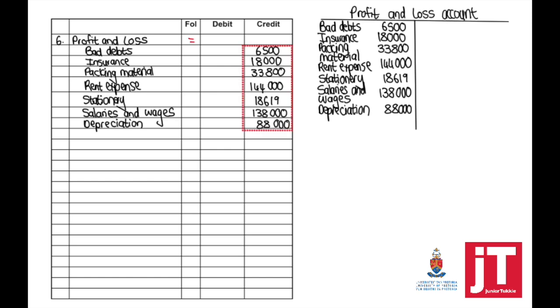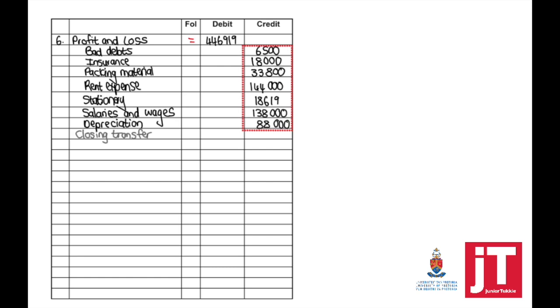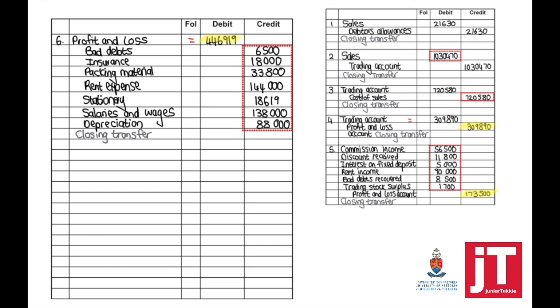We add that together to find out the total expenses. Once we've got our gross profit, all our income and all our expenses, we can now calculate the net profit. To calculate the net profit, take the gross profit plus income minus expenses.